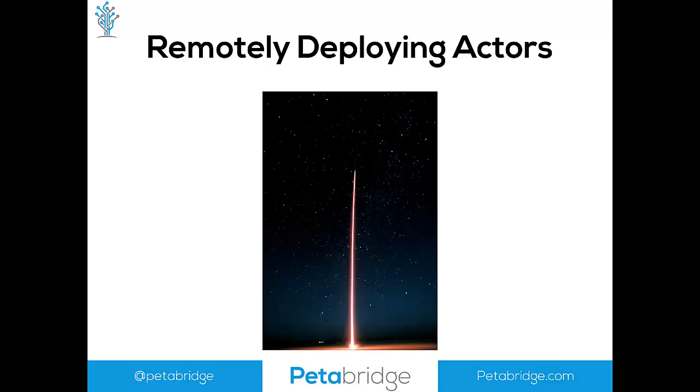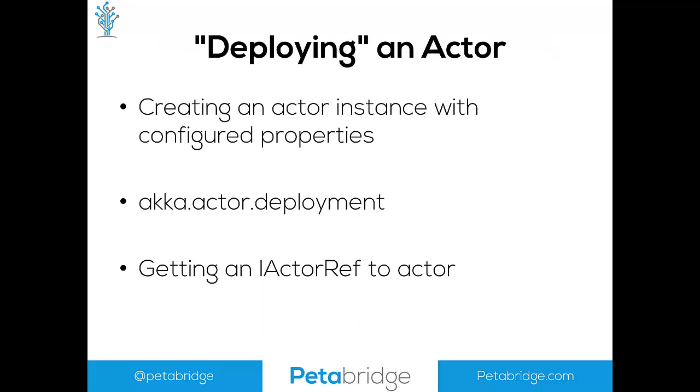Okay, so let's talk about remotely deploying actors and what that actually means. So the concept of deploying an actor is that you create an actor instance with configured properties that get specified in the Akka.Actor.Deployment section of your HOCON configuration. And we'll review an example of that in a moment.